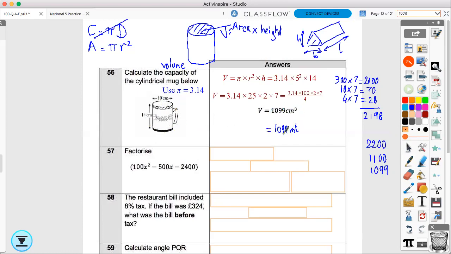If you had found something like 20,000 milliliters, just ask yourself: in reality, that could be a genuine mug, but I've never seen a mug that can hold 20 liters. So the answer you give should always be close to what you would see in reality. Okay, so that would be my advice.